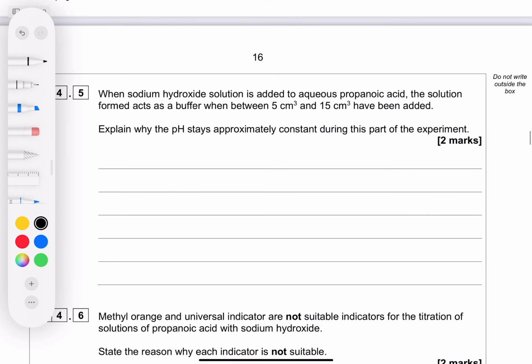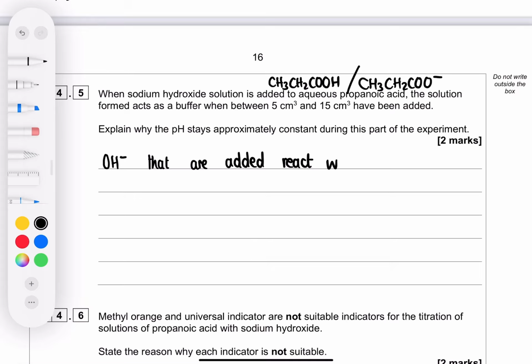So the OH minus ions that are added react with HA, the weak acid propanoic acid, remembering that your buffer is a mixture of HA and A minus, the propanoate ions.